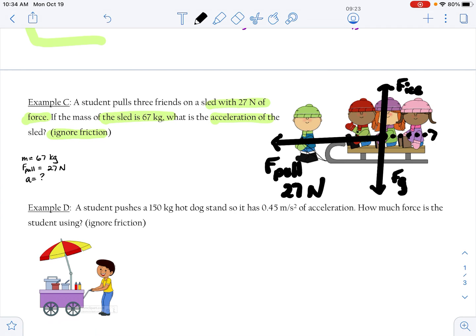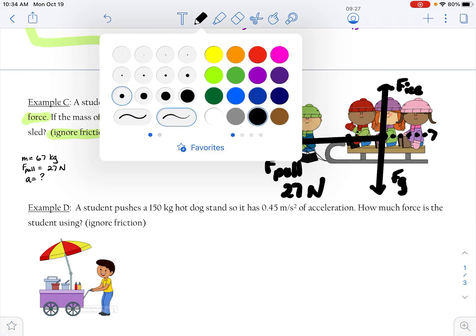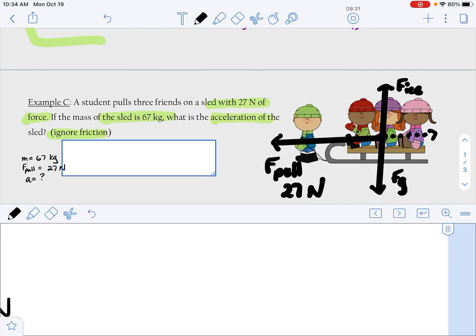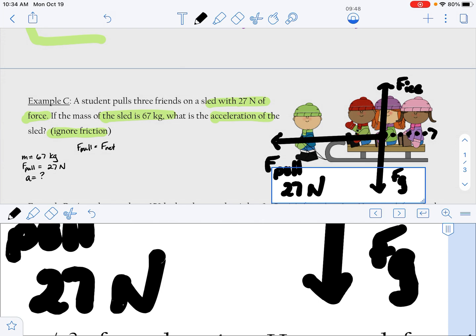Okay, so in this case, I can say that the pulling force is going to be equal to the net force, right? Because the ice force and gravity cancel each other out, so that goes away. And then what's left is the 27 newtons. Oh, I almost forgot to say, we're going to call this positive.